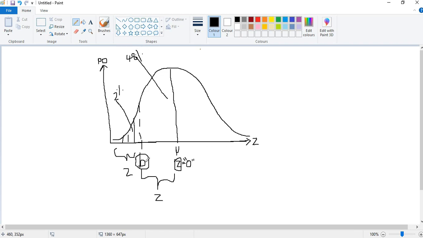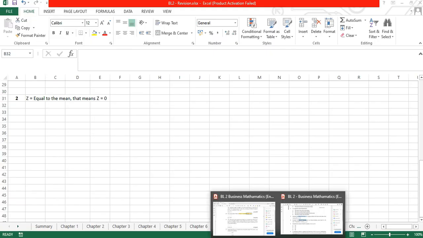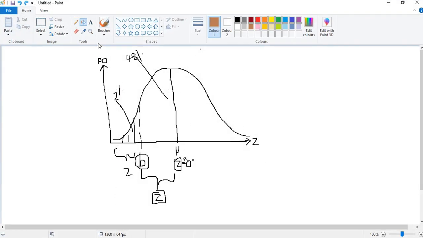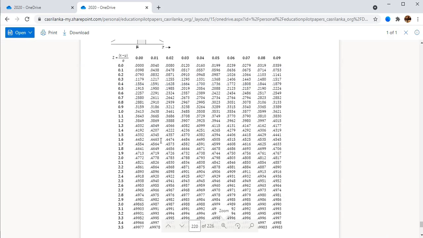To find the value of B, first of all, we should see what the value of Z is here. If you go to the normal distribution table, to get 48% in this particular area, we should look for 48% in this table. It is here.